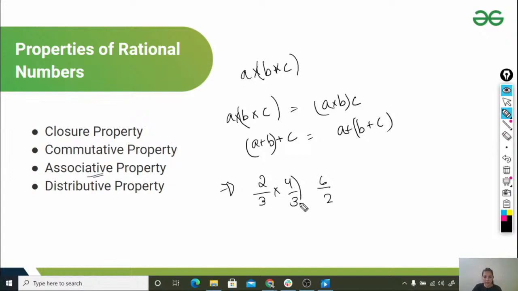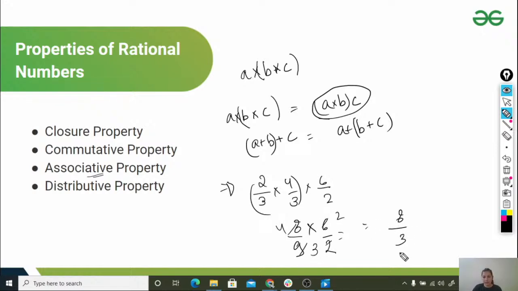So let's first do this. Okay, so let's check. I am checking this condition. So it is 8 by 9 into 6 by 2. So it would be like 2 fours are 8, 3 twos are 6, 3 threes are 9. It would be 8 by 3. Okay. Let's check this condition.